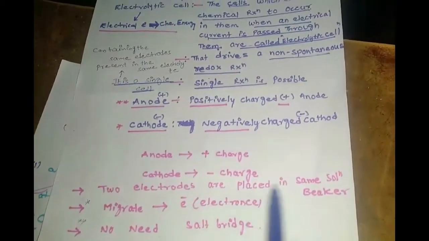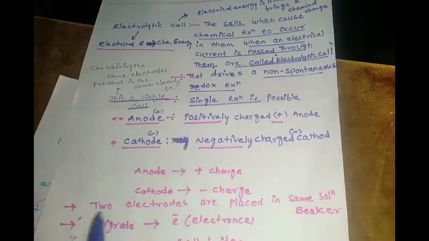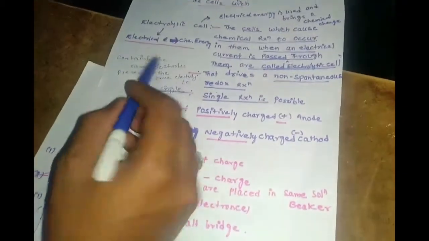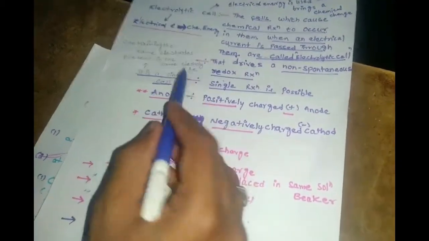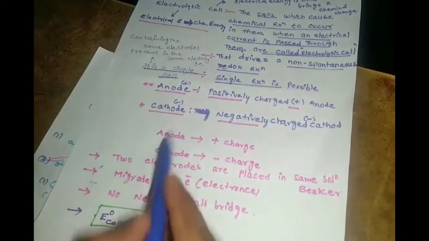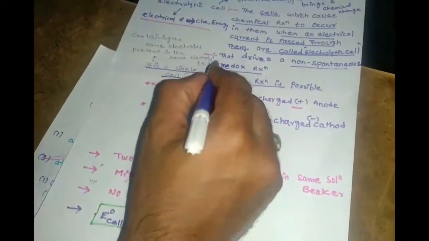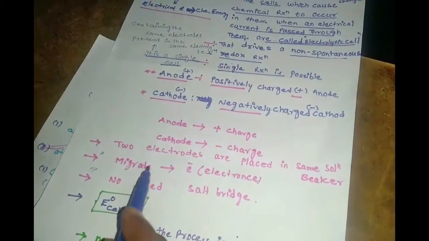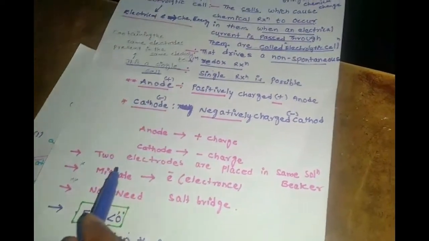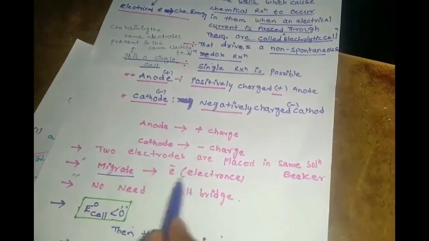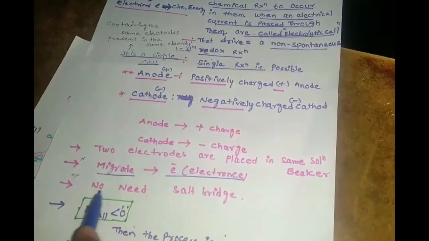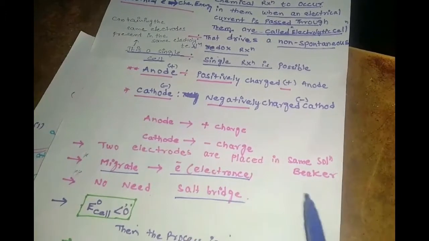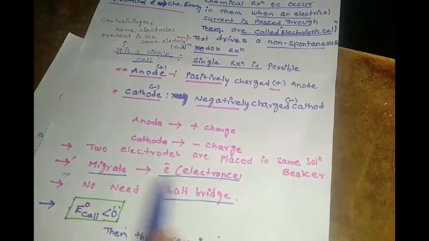Two electrodes are placed in the same solution. So here both electrodes are present in the same electrolytic solution. In this electrolytic cell, only electrons migrate. Here we know that already a salt bridge is not required.